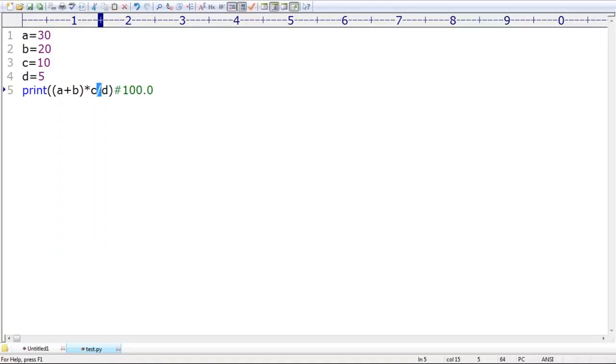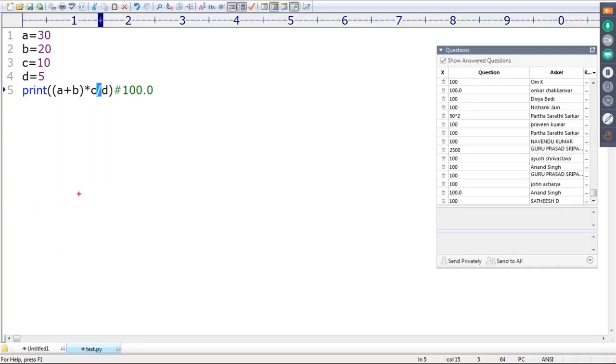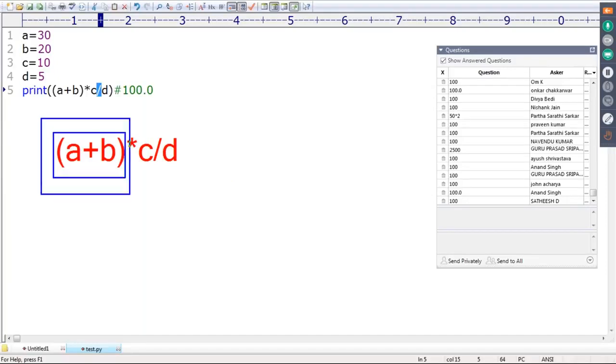First, the plus operator is going to be evaluated. If you consider A plus B star C by D, which one is evaluated first? This one. After completing this, the star operator is evaluated, and then the division operator.